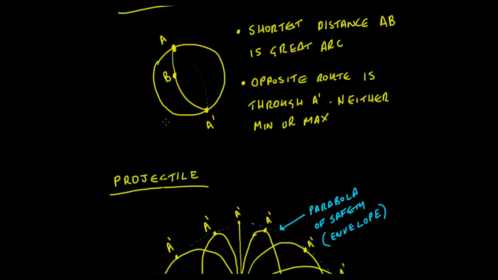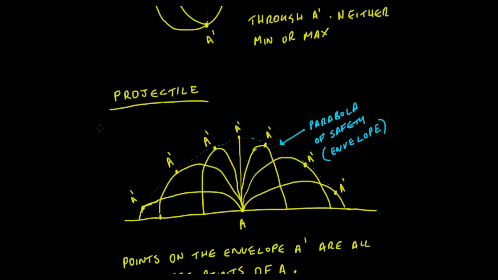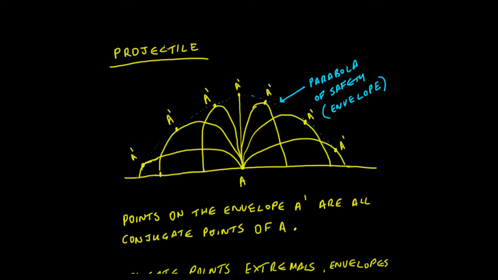Now let's look at another example, an example of a projectile. So if we were at point A and we had, say, a cannon, firing at a constant velocity and then just changing the angle at which the cannon fired, then we would have these yellow curves here. So this would be the path that the cannon would take, and it would be an extremal.